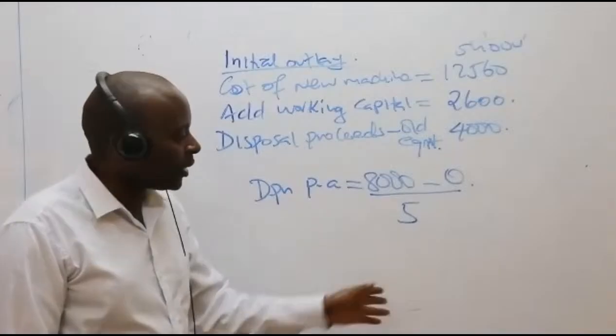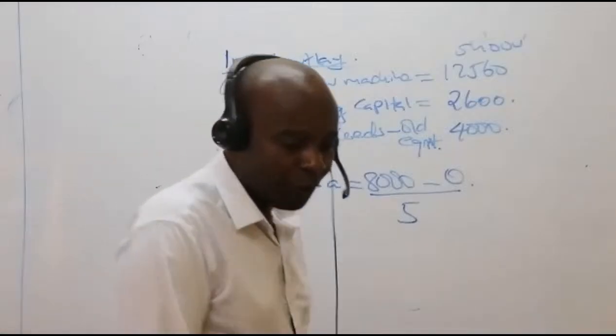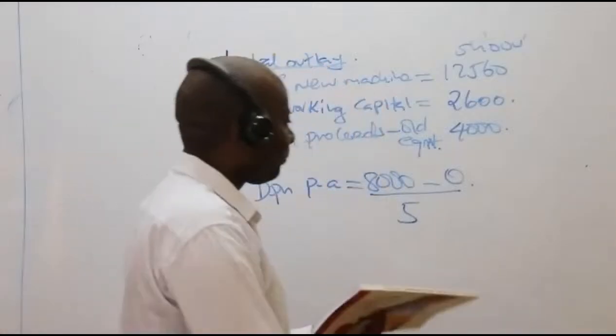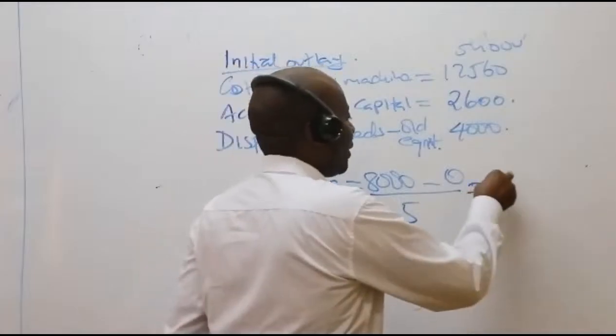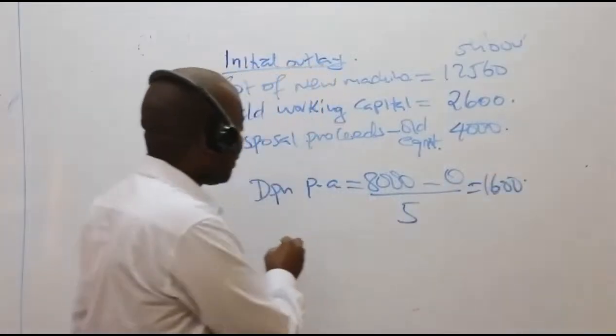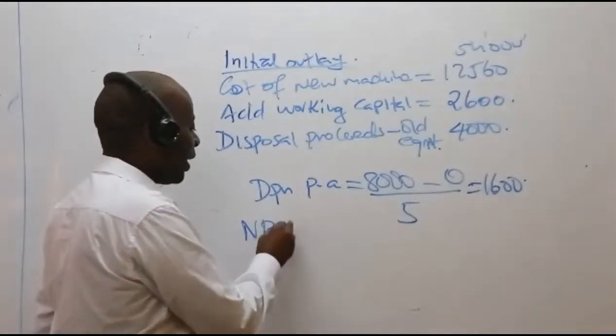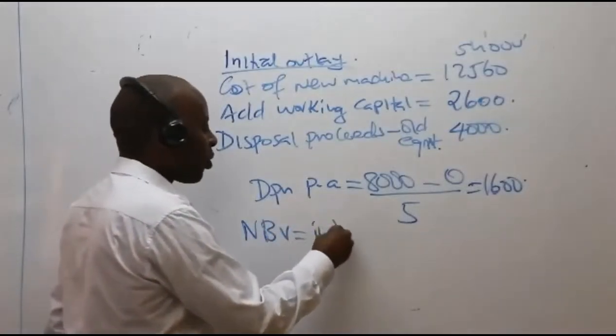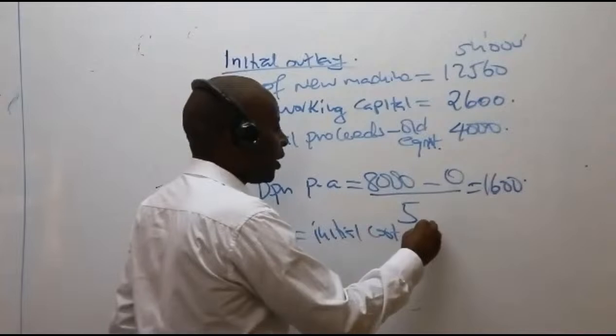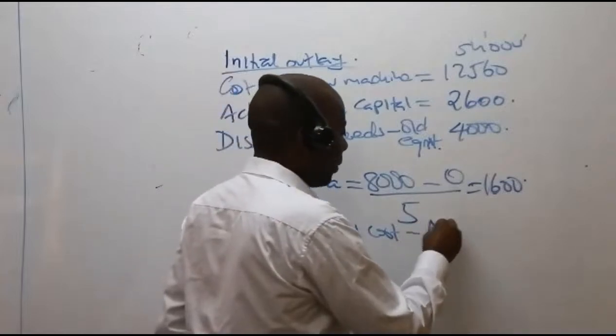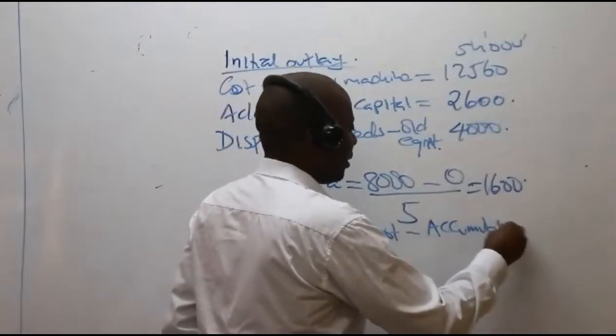So 8,000 minus 0 divided by 5. This will give me what figure? It's 1,600. So how do we get net book value? To get net book value, we normally take the initial cost minus accumulated depreciation.